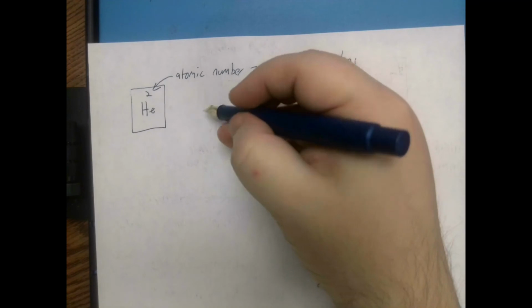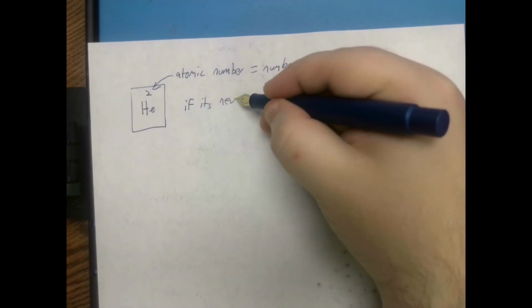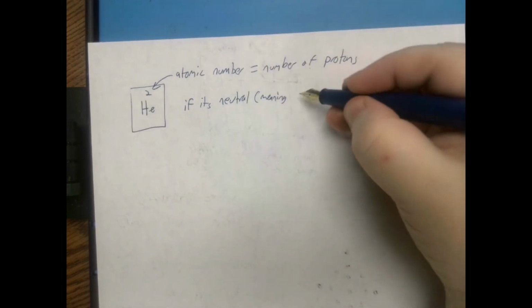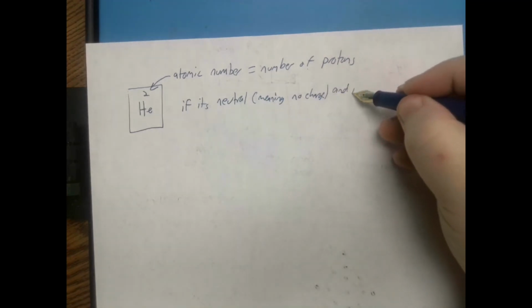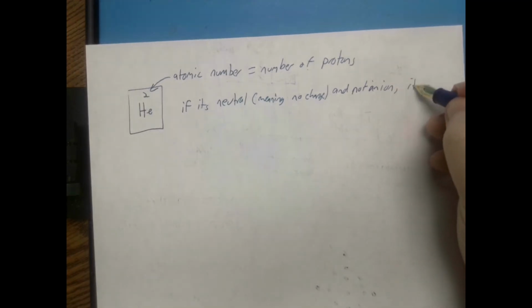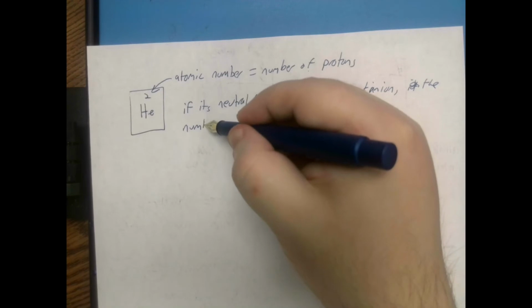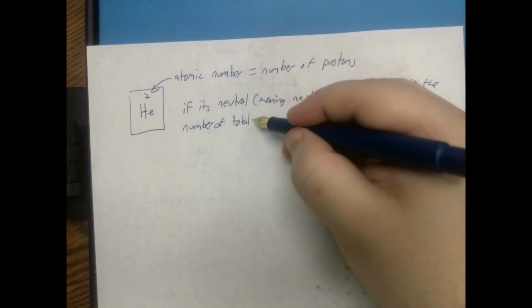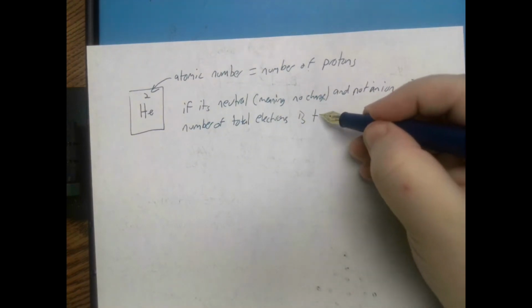What is it if it's neutral? If it's neutral, meaning no charge and not an ion, the number of total electrons is equal to the atomic number too.